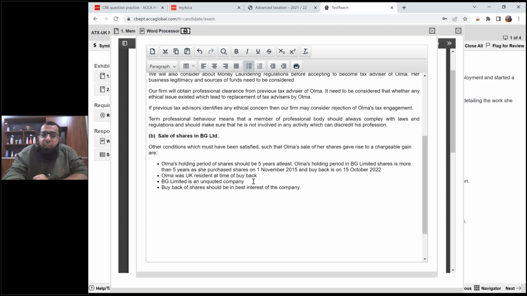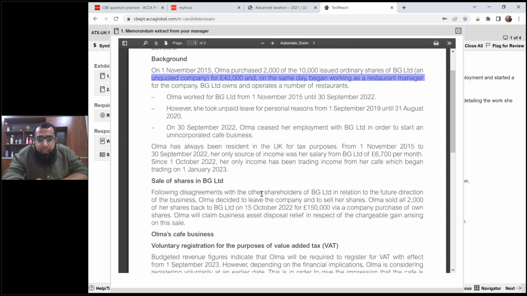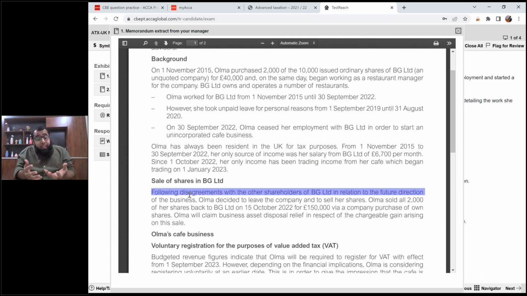Okay, so in the case of BG Limited, is it in the best interest? You can read it here: following the disagreements with the other shareholders. So there were some disagreements, there were disputes in the company. So yes, it was in the best interest of the company that Alma should leave the company.